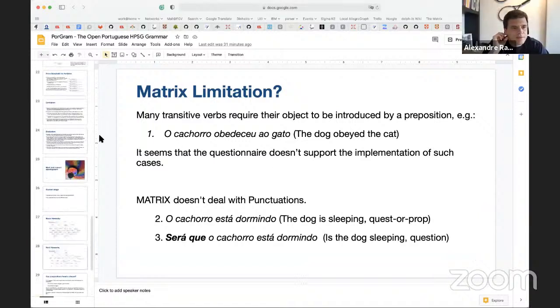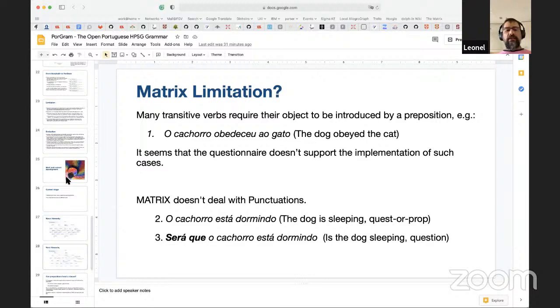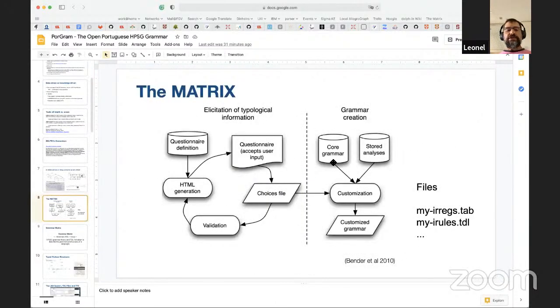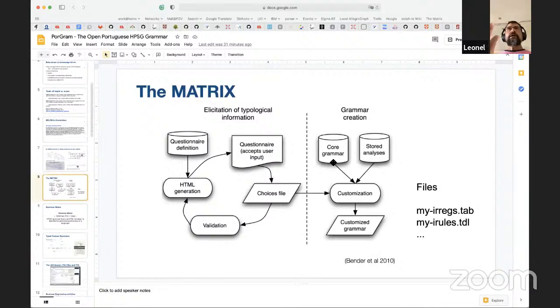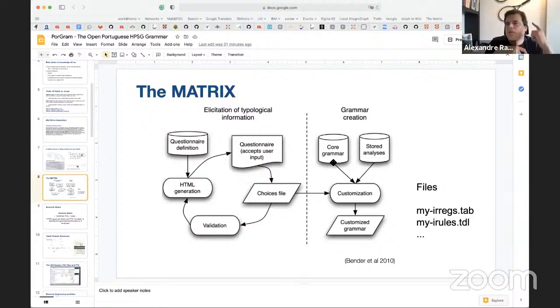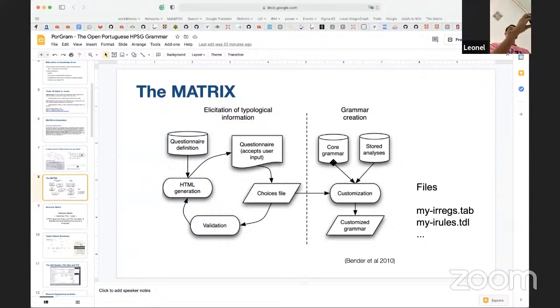I would just like to add information about how the questionnaire was constructed. Each page or each group of pages. A lot of noise. We can't hear you very well because we have a lot of noise in the background. Okay. It's better now, I think. Sorry.